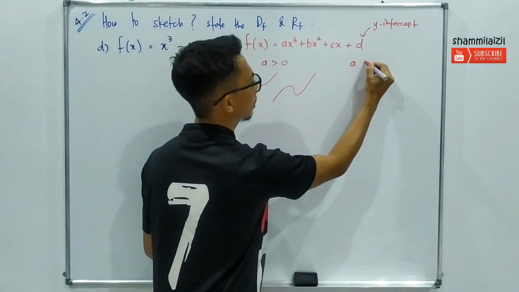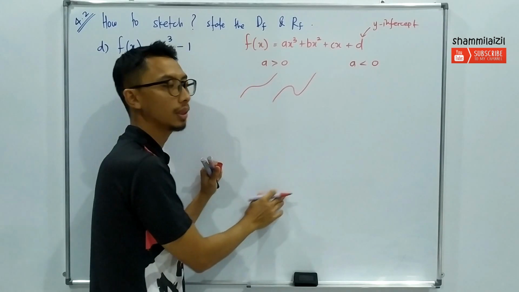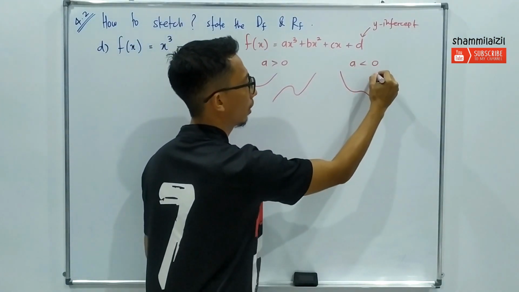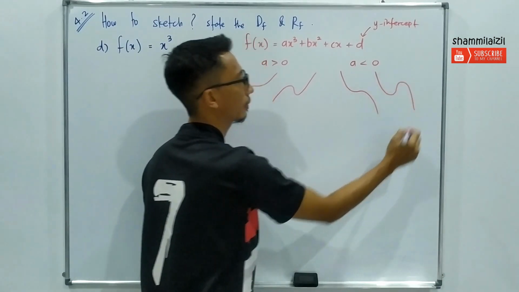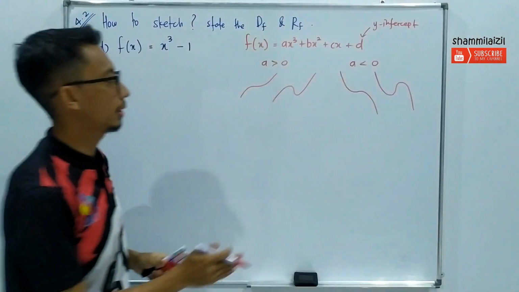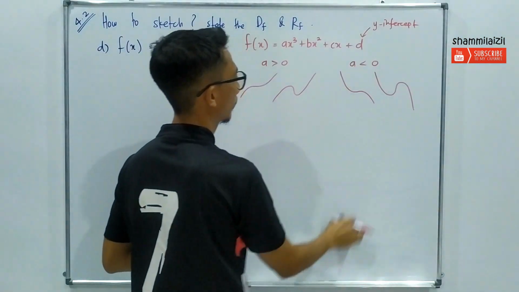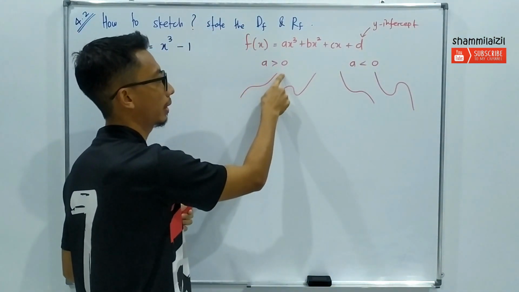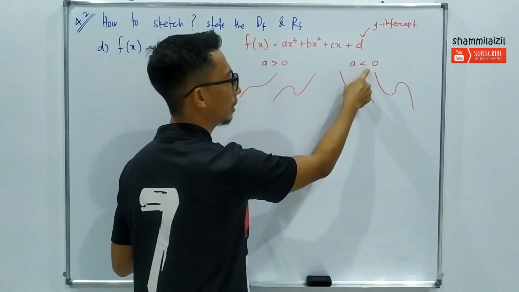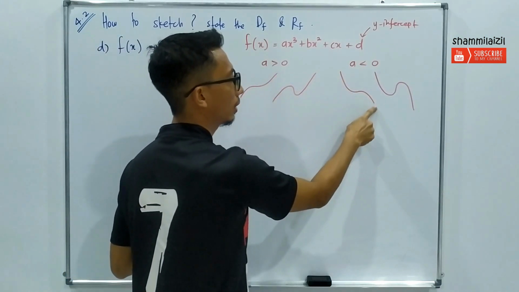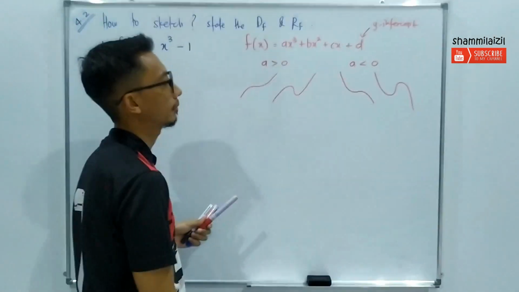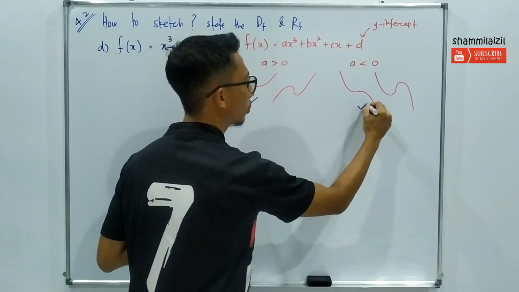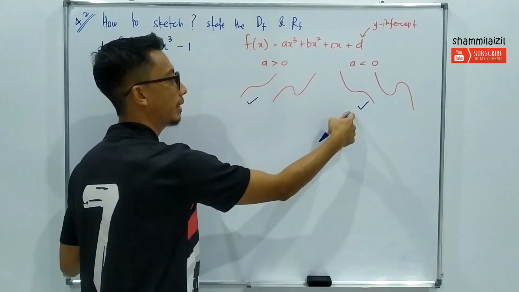So if a is negative, it is going to be this way or this way. You can take a look at the shape. Positive: lower left to the top right. If a is negative: top left to the lower right.